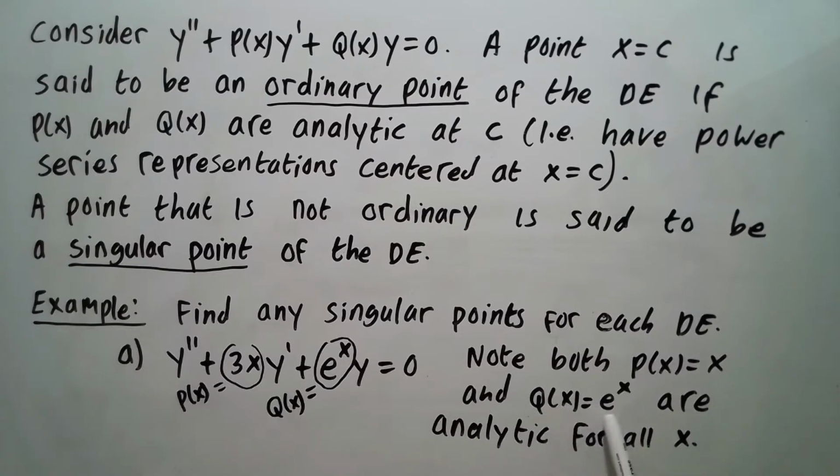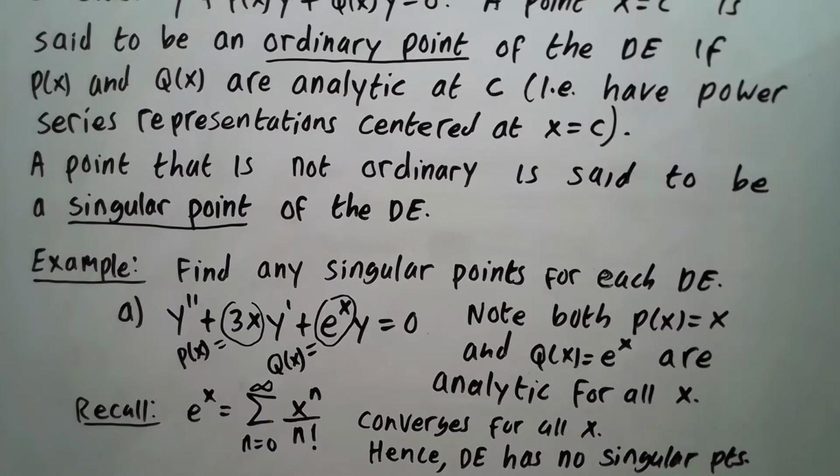And e to the x, recall, has a power series that converges for all x. So let me write the power series for e to the x here: the summation of x to the n over n factorial, and this converges for all x. So hence the differential equation has no singular points.